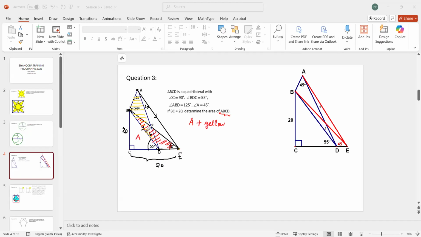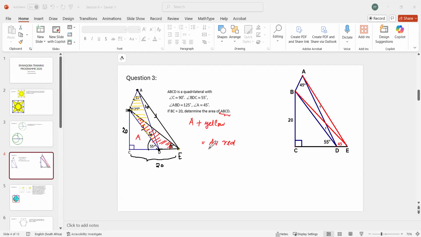Because we said originally it's that, right, plus the yellow triangle. So this is the same as A plus red triangle. Because we said that this red triangle has got base that, and it lies between the other 2 points on the parallel line, so they got the same height.